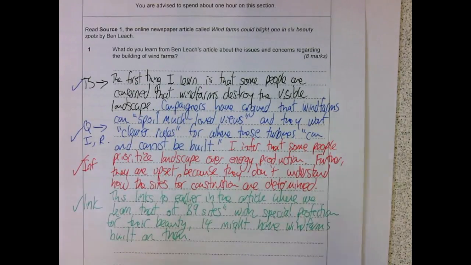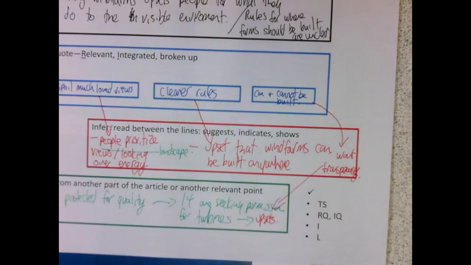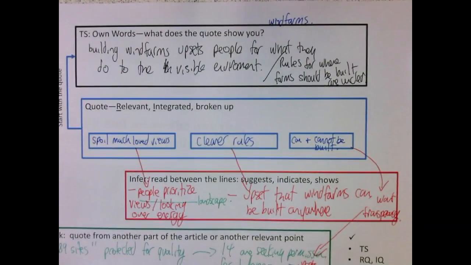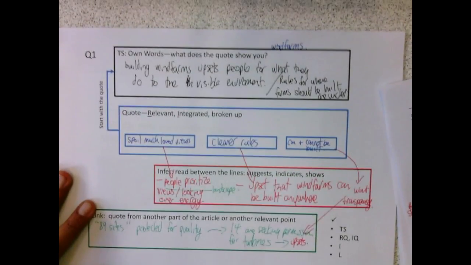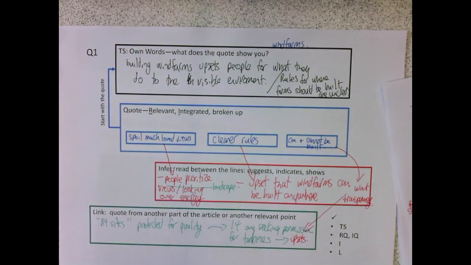You need to do that 4 times, to get 4 paragraphs, of course. And to be able to do that, you might want to start thinking about using a graphic organizer that helps ensure that everything is in the paragraph. That's question 1.